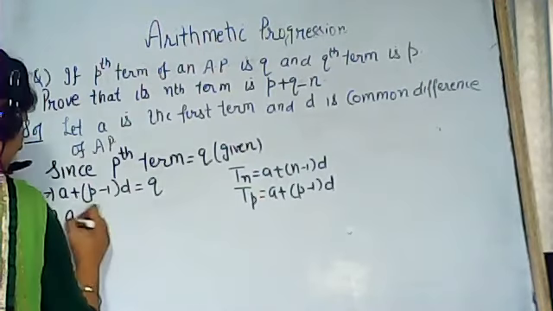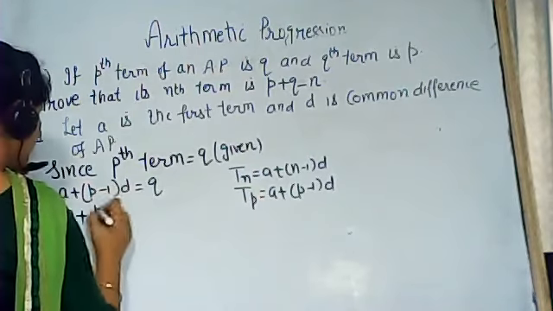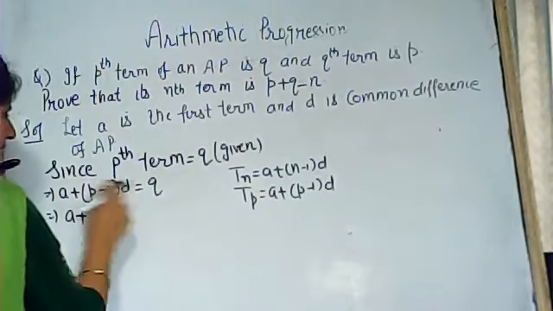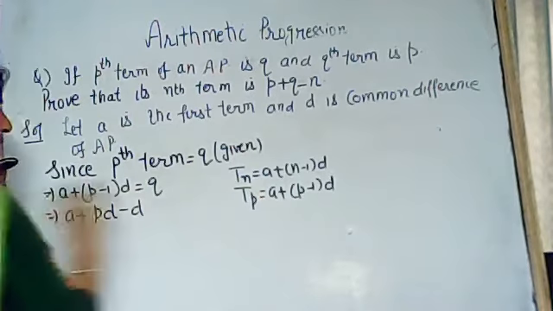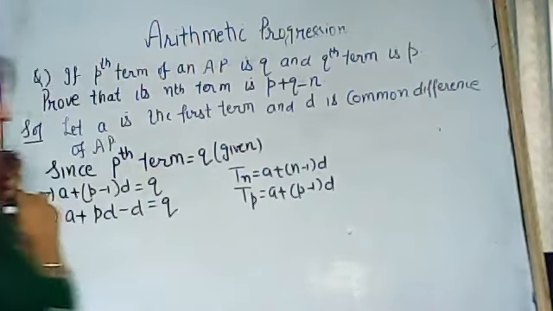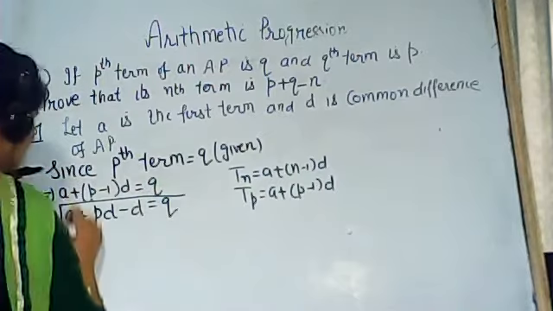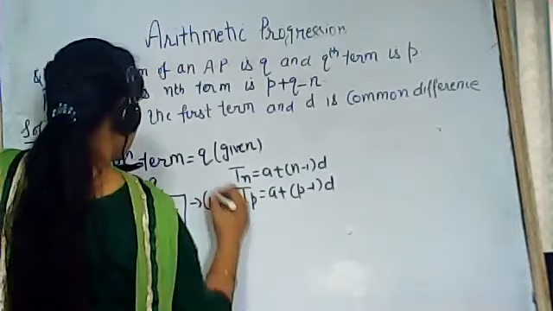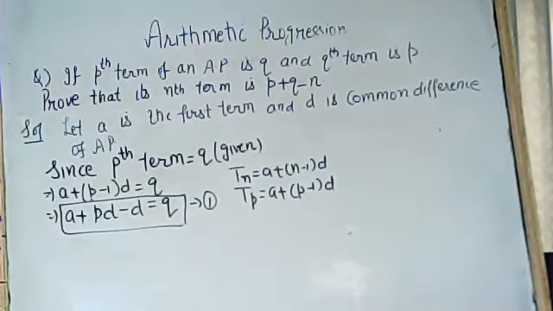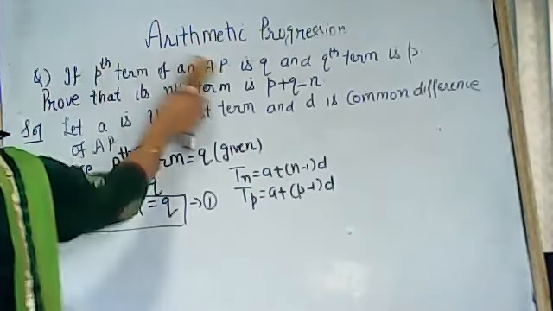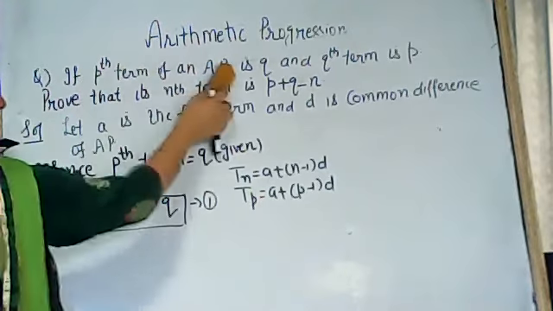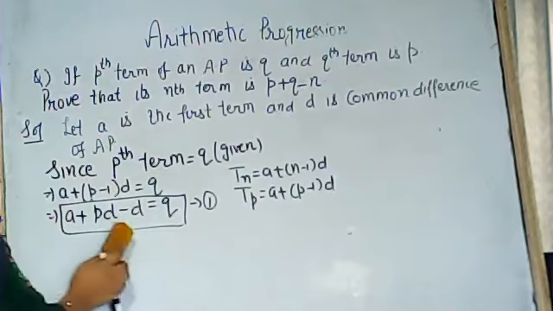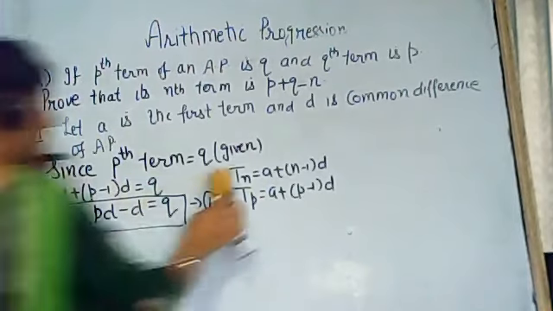You will get A plus P into D, which is PD, D into minus 1, which is minus D, and the right hand side is equal to Q. Let us denote it as our equation number 1. So by using the first concept, that the pth term is equal to Q, we get equation number 1.